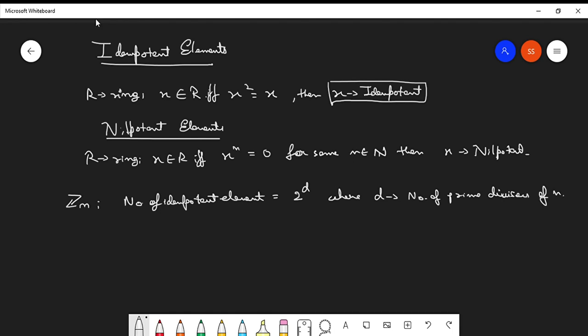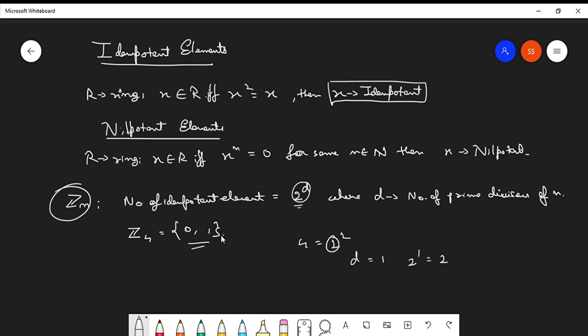For example, the idempotent elements of Z4 are 0 and 1. If you verify by this formula, 4 can be written as 2 square, so d is equal to 1 because it has only one prime divisor. So 2 to the power 1 is 2, and you have only 2 idempotent elements. Is that clear, guys? How to find the number of idempotent elements of a Zn ring?